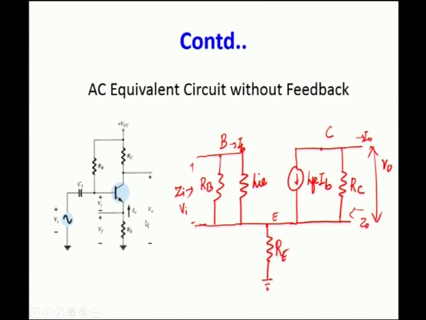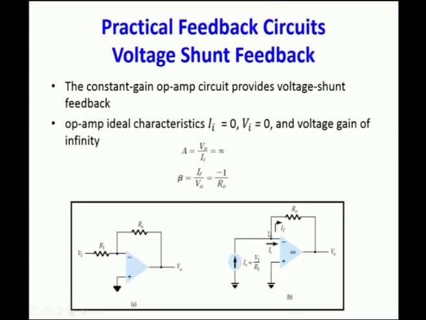So, if the gain is reduced, ultimately it cannot be a good amplifier. So, you have to take out this resistance, otherwise you have to bypass this resistance using a coupling capacitor for this circuit to be a good amplifier. This is just a small example for a current series feedback circuit.